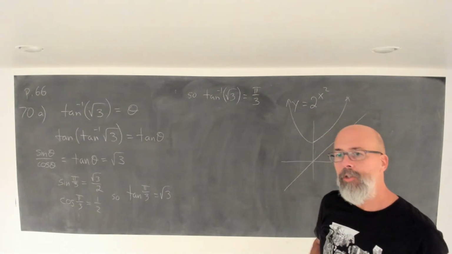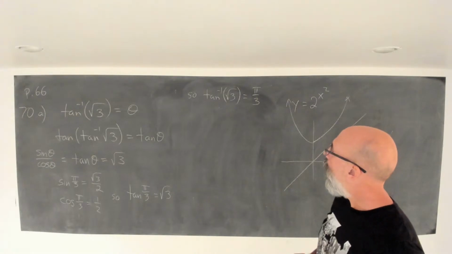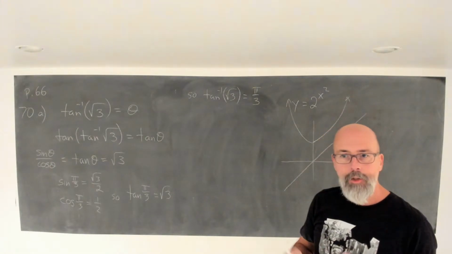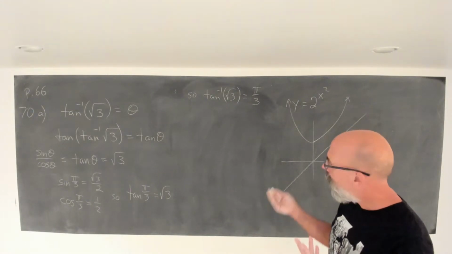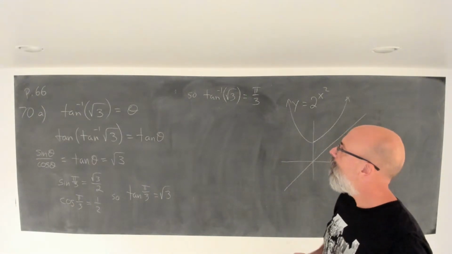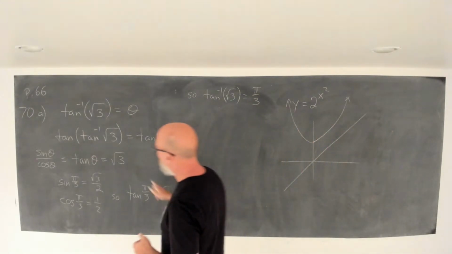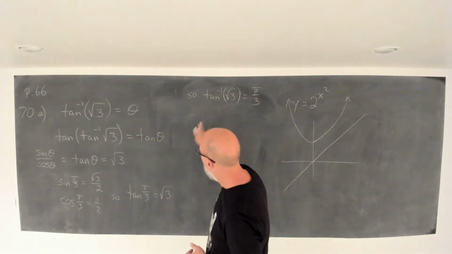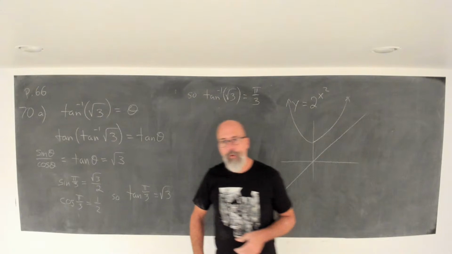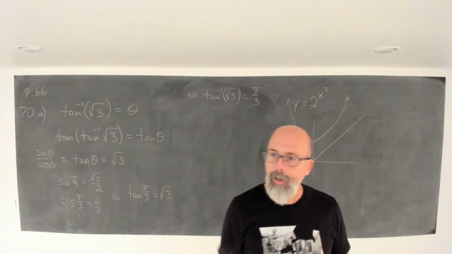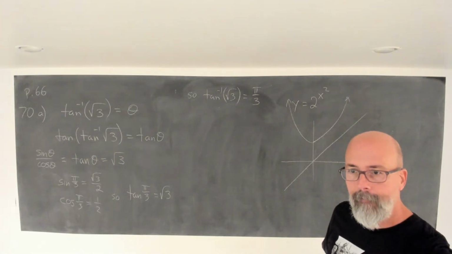Well, Shamir is now suggesting 4 pi over 3 as well, and so is Sean. I mean, you know that tangent is periodic of period pi. So really, shouldn't this be pi over 3 plus or minus any multiple of pi?